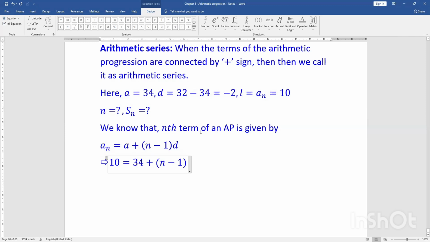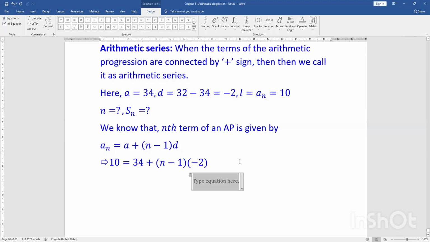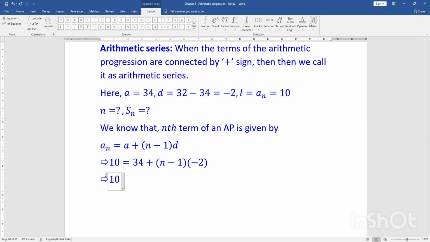Now the next step: 10 equals 34 plus (n minus 1) into minus 2. Moving 34 to the left-hand side, it becomes 10 minus 34 equals (n minus 1) into minus 2.